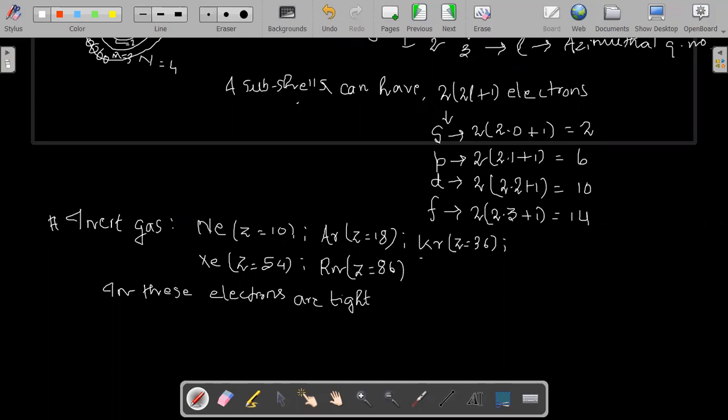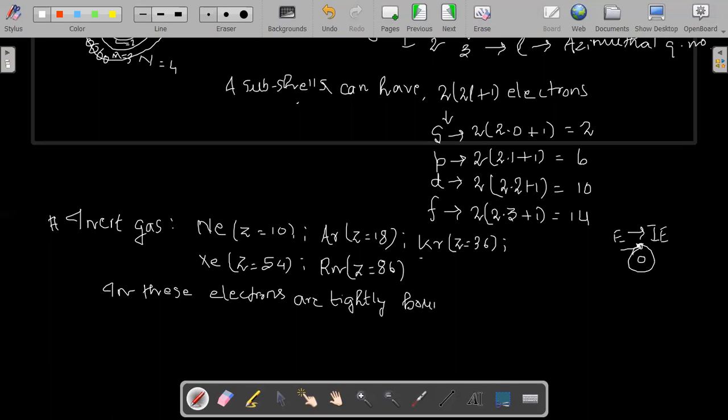Or in simple words we can say that the ionization energy is high. Ionization energy, I hope you remember: you have an electron here, and if you want to knock out this electron you have to give some energy. How much energy you need to knock out that electron is the ionization energy for that particular element. So the ionization energy is very high. That means in simple words the electrons are tightly bound.